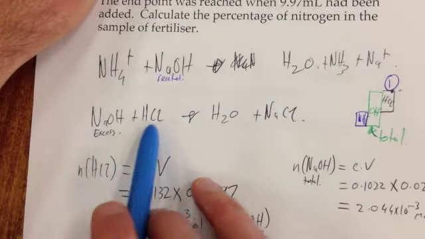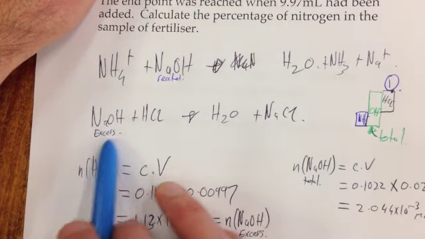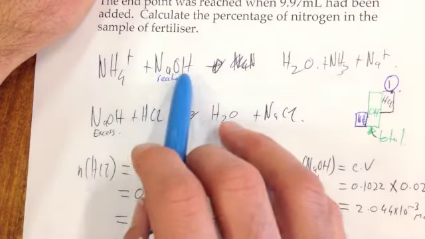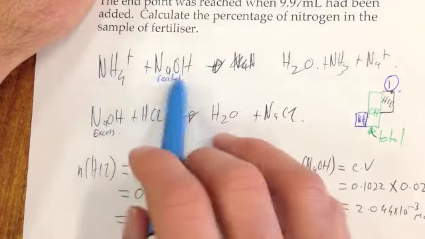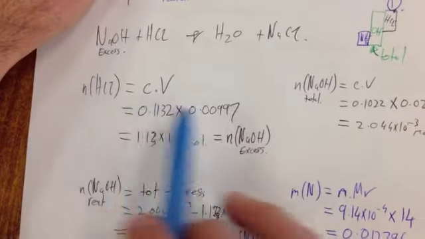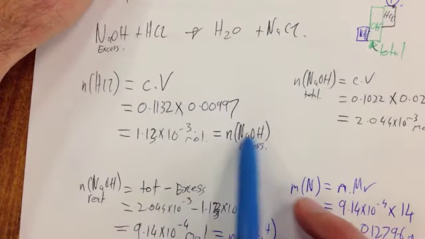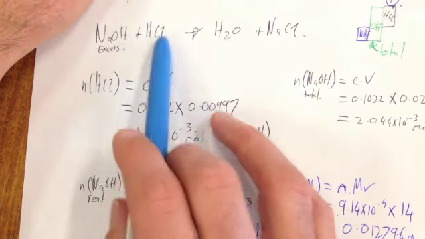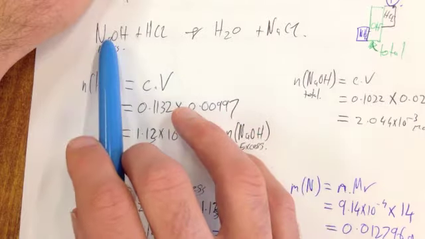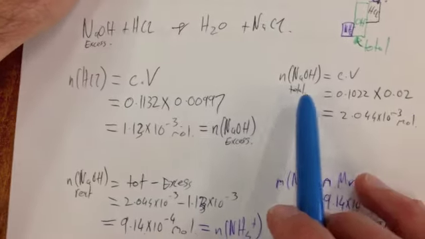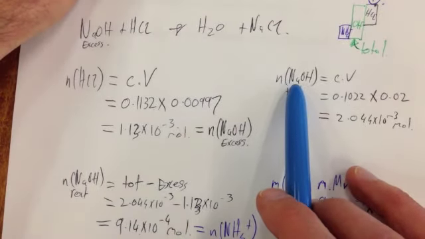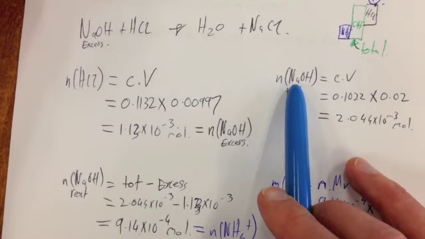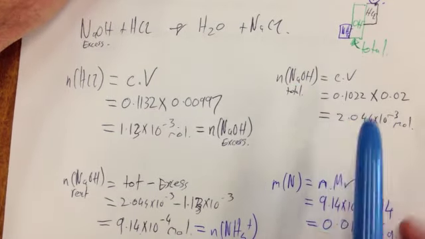I've written down the hydrochloric acid reacting with the excess sodium hydroxide, and I've got this as being what reacted. I first of all find out the number of moles of my excess sodium hydroxide by working out stoichiometry with hydrochloric acid. I then work out my total number of sodium hydroxide that was added originally, which is this.